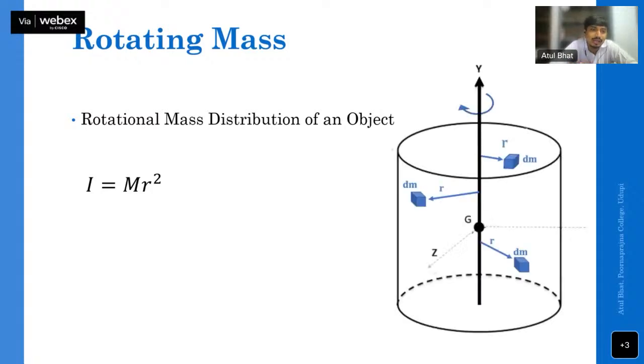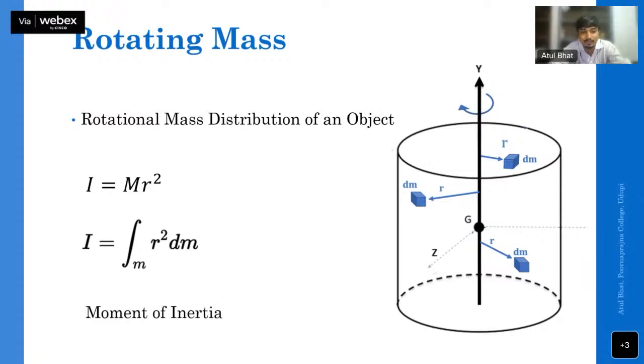Each of these pieces has mass m, and each is located from the rotational axis at a distance r. So when we've got multiple masses and multiple radii, we can write moment of inertia as an integration, the sum of all of these continuous terms, r squared into dm. Right? This is known as moment of inertia.